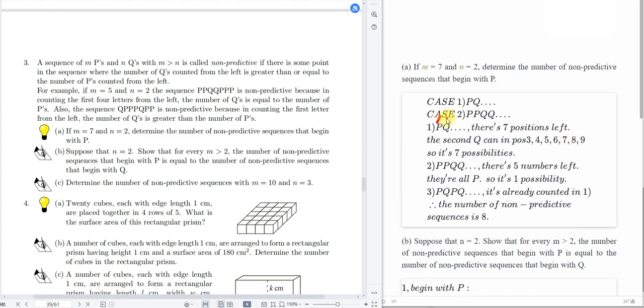So this is position 1, this is position 2. And the remaining 7 positions, Q can be in any of them, because PQ is already a non-predictive sequence. So it's 7 possibilities there.